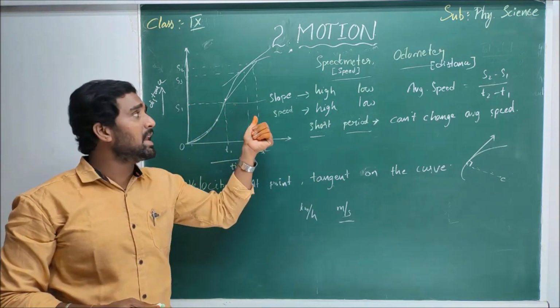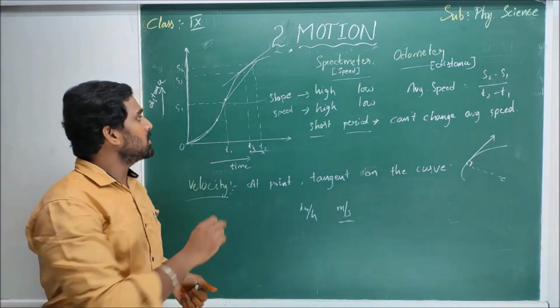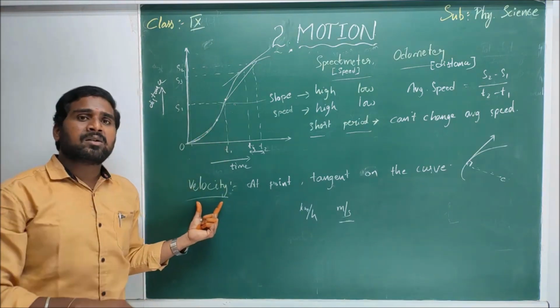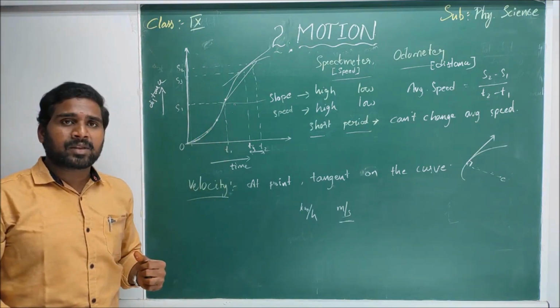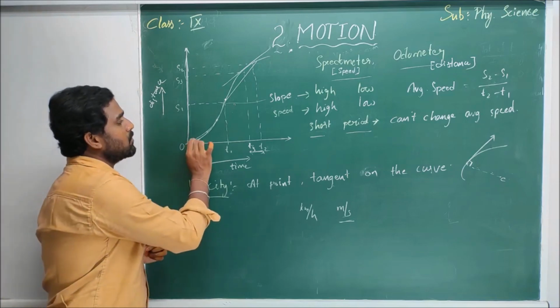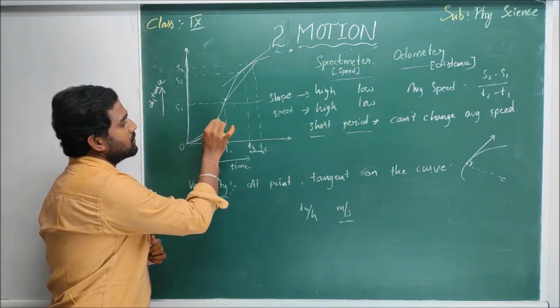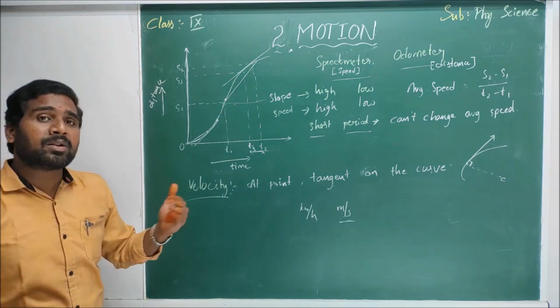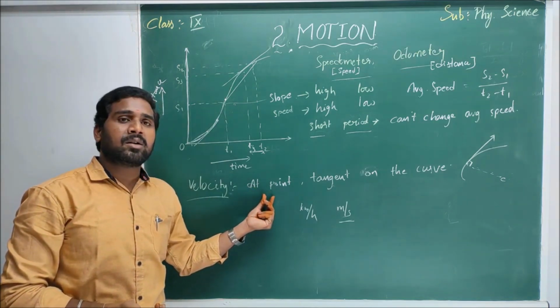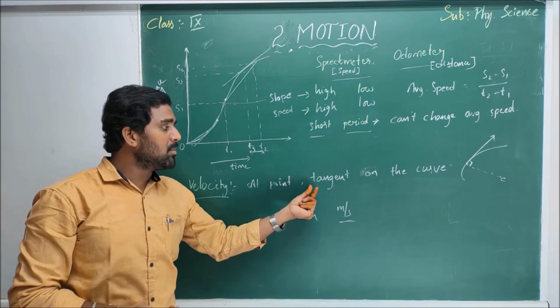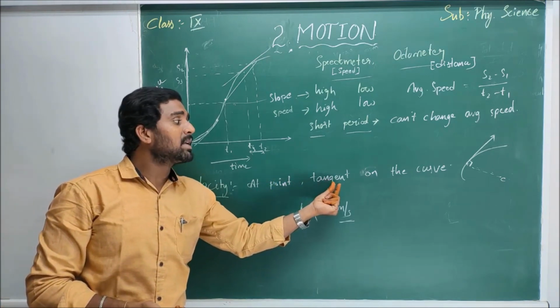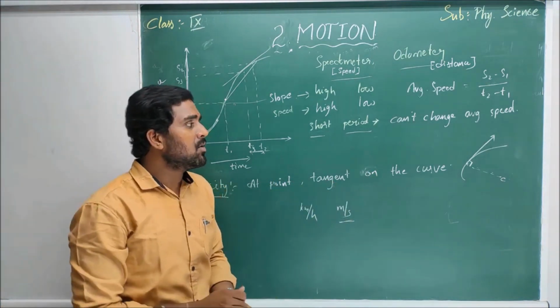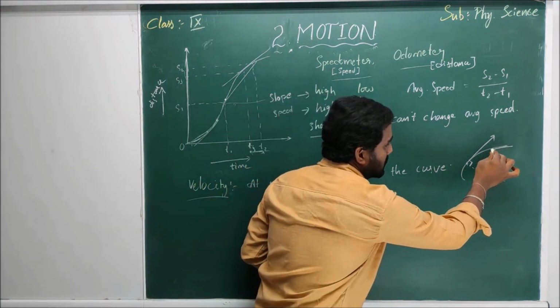We cannot mention the direction of the object on the slope. So the other quantity is velocity. On the slope we can take only the slope of the object, but what is the direction of the object at any point? At any point on the curve, we should draw a tangent.